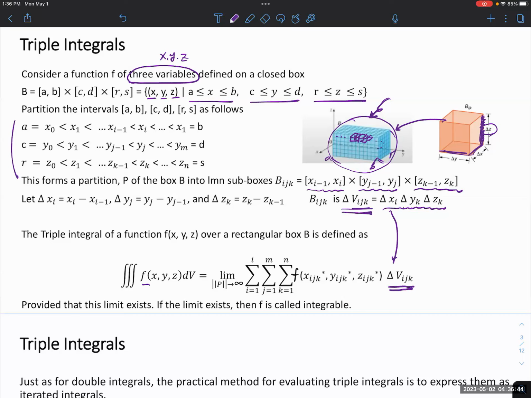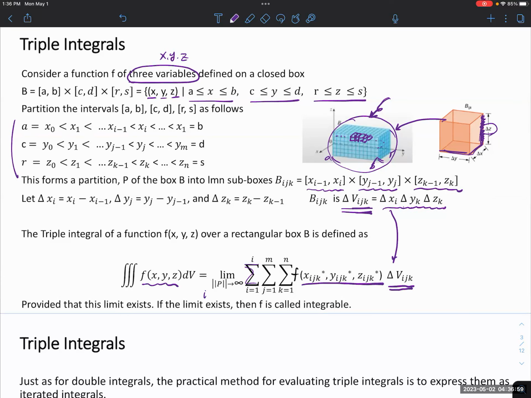So you have f(x, y, z). Now we have to consider different partitions, ijk, for each of x, y, z, and then you add all the summation according to the Riemann sum. P indicates that basically I go to infinity, M goes to infinity, N goes to infinity.